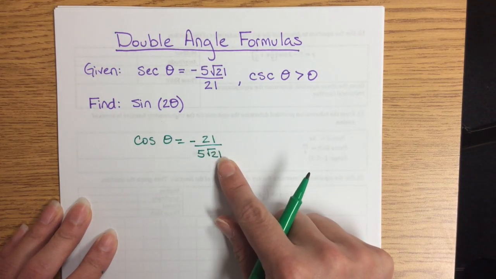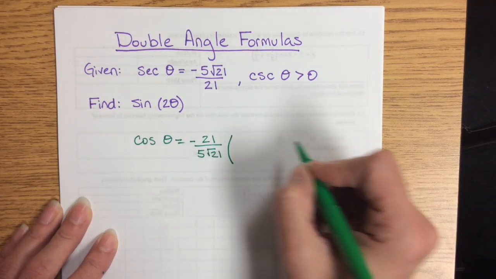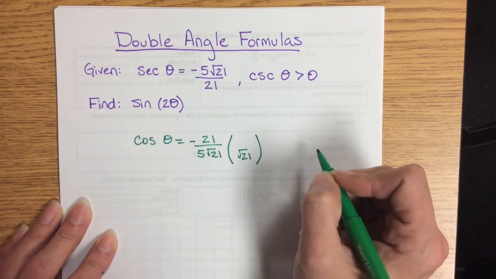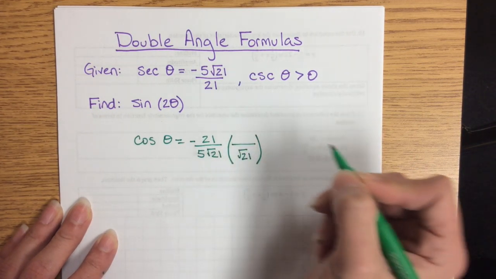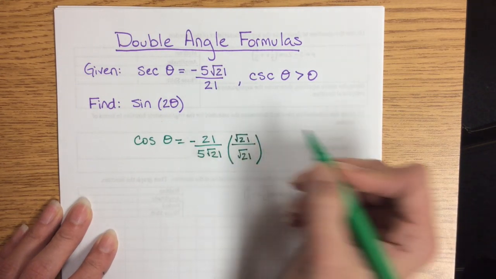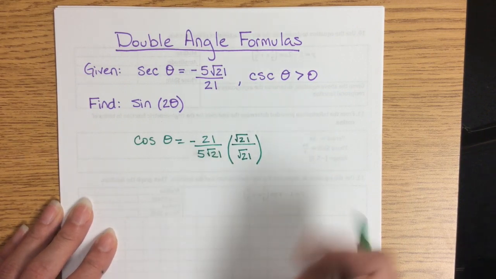So let's get rid of the radical on the denominator, and we get rid of a radical by multiplying it by itself. So we're going to multiply the square root of 21 on the bottom. What we do to the bottom, we must do to the top, so that we're only multiplying by 1, because we don't want to change this value at all.